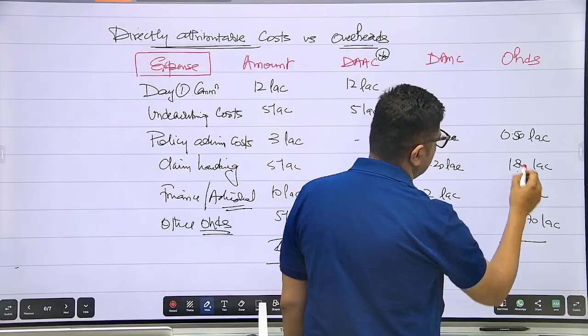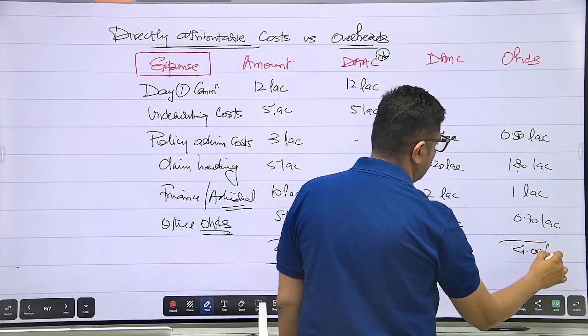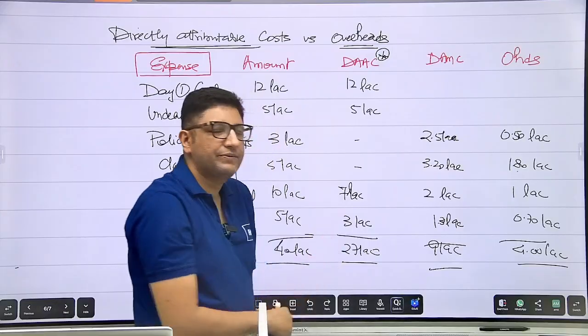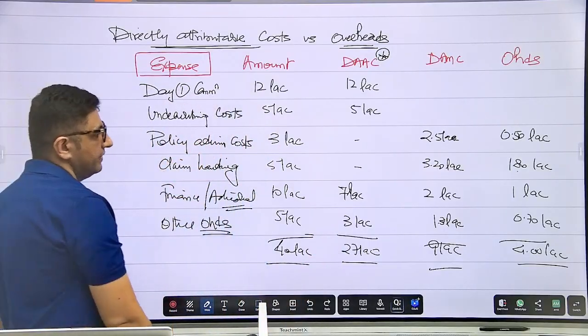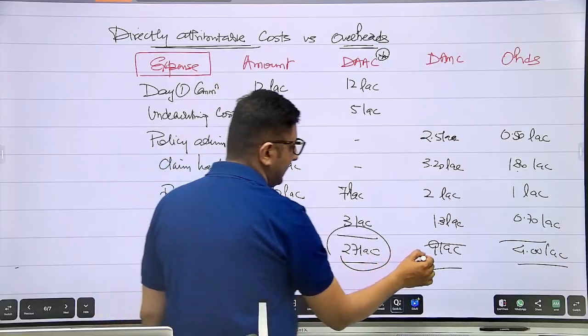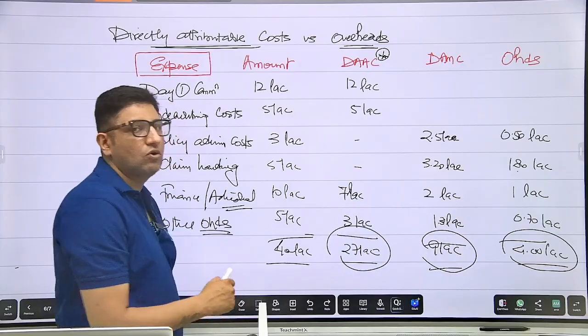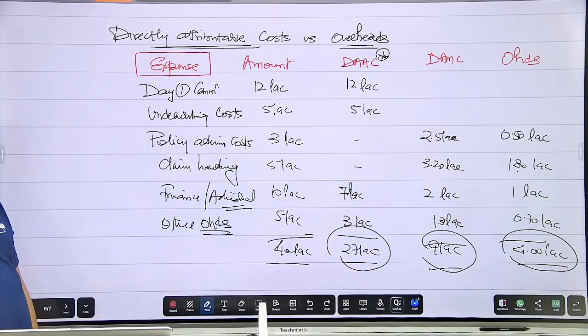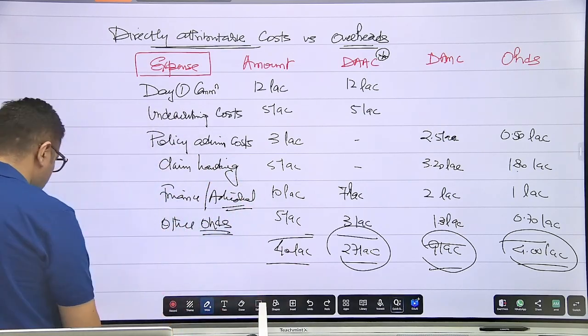We can double check. Now, having got this information with us, we are saying the DAAC is 27 lakh, DAMC is 9 lakh, and of course, the other overheads are 4 lakh. Now, why does it, or how does it even, come to the place, or where does it actually matter?